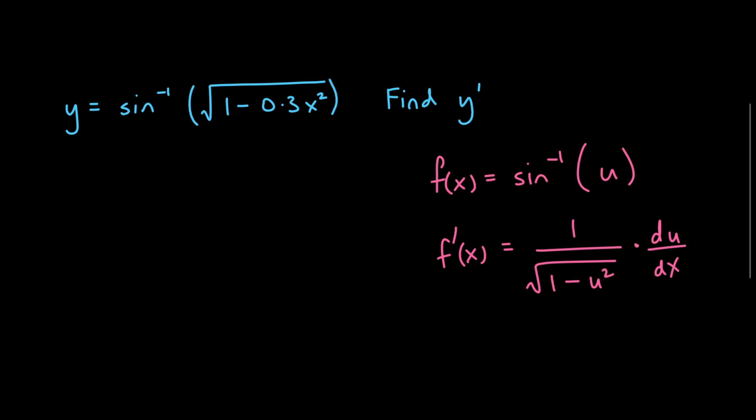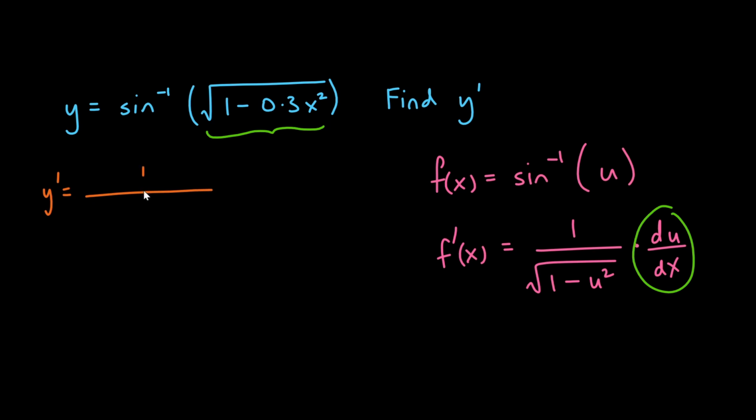This term is from the chain rule, and u in the question is this square root, and so we can begin solving the question. Y prime is equal to 1 over the square root of 1 minus u squared.